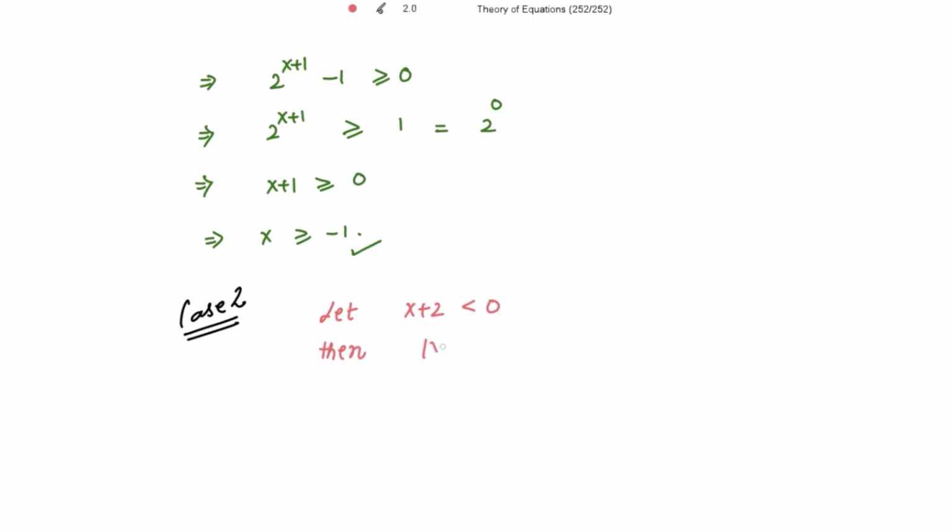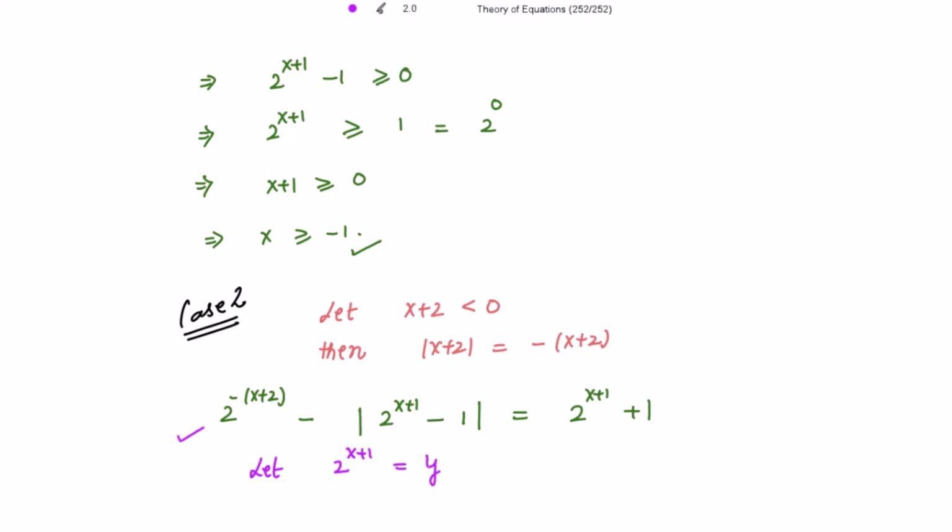Then |x+2| is equal to −(x+2), right? Now the given equation becomes, writing −(x+2) in the power, 2^(−(x+2)) − |2^(x+1) − 1| = 2^(x+1) + 1. To solve this equation, let's substitute 2^(x+1) = y.